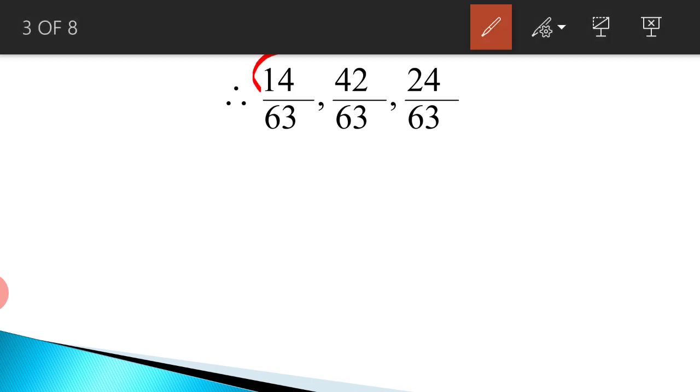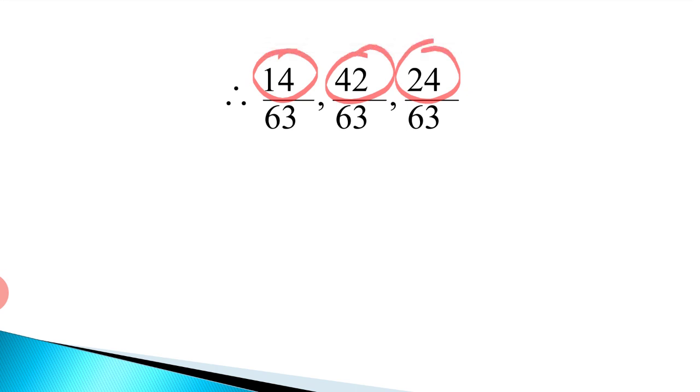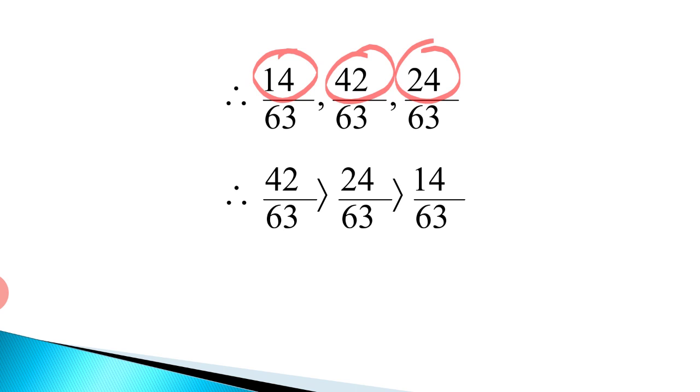Now compare the numerators because denominators are same. Which one is the bigger one? 42. So 42 by 63 will be the biggest. Then will come 24 by 63 and then 14 by 63. So we arrange them. And what are the original fractions for these?